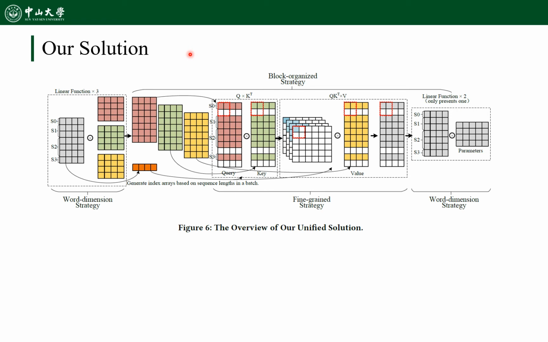For removing the redundant computation in the linear layers, we take the common word accumulation strategy, which arranges sequences within a batch densely. Then, instead of the batched padding and related data layout switch, we design the block-organized strategy to unify the fine-grained strategy and the word accumulation strategy from the view of the entire model, with which the overhead of the data layout switch is reduced.